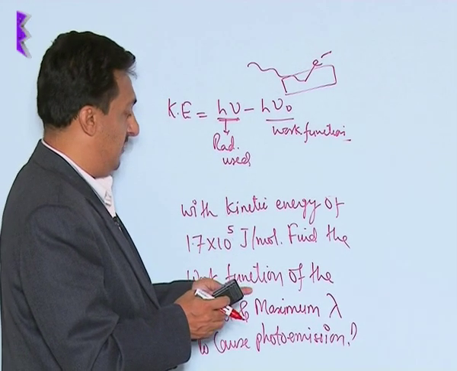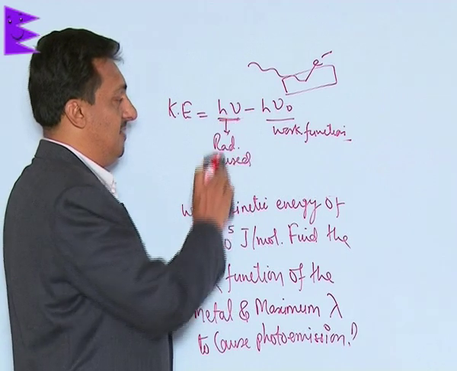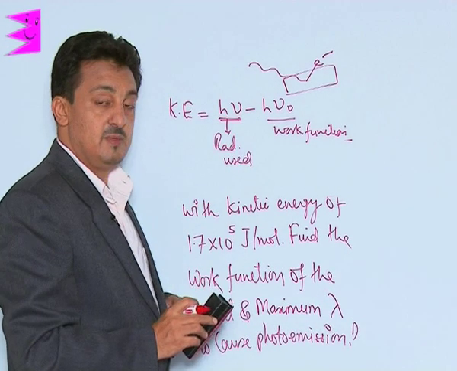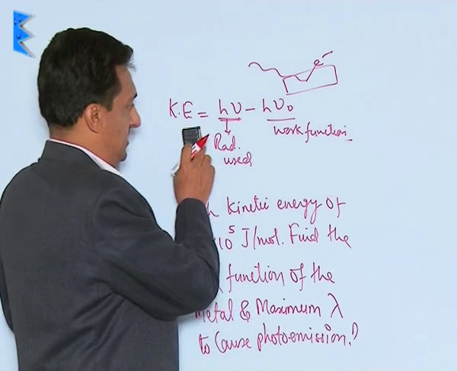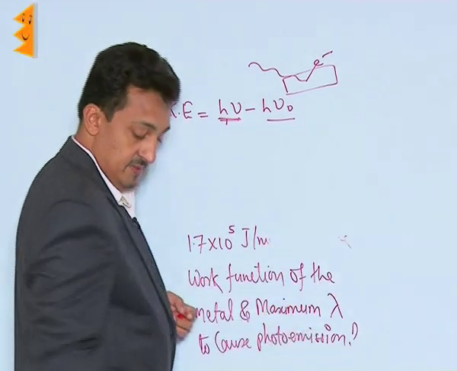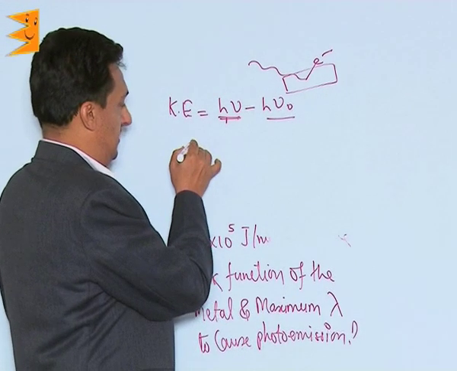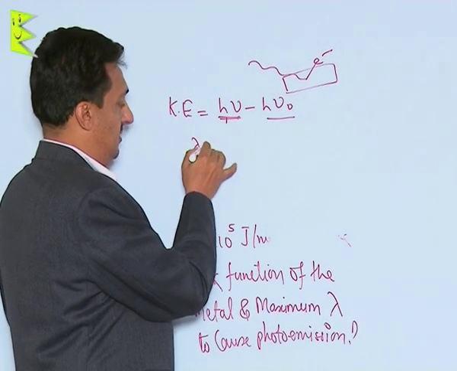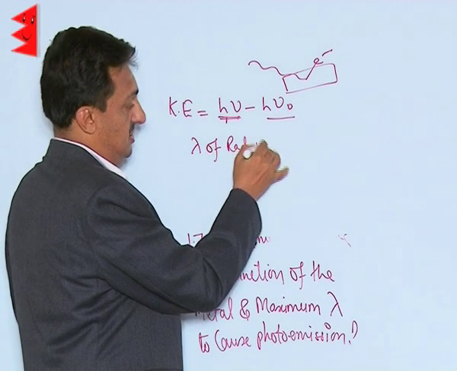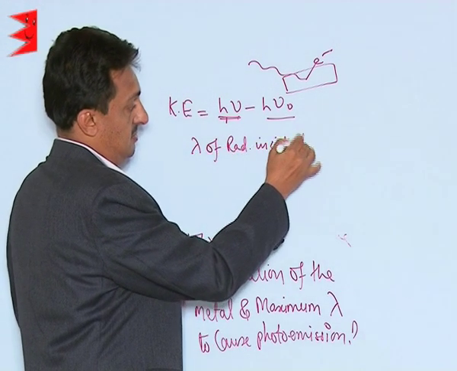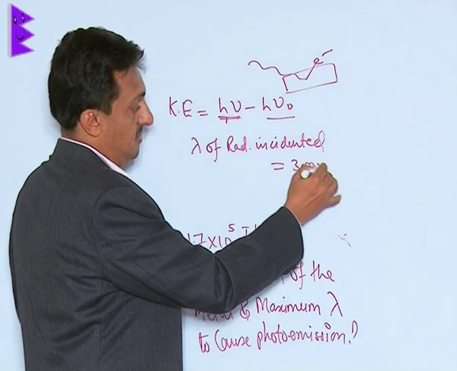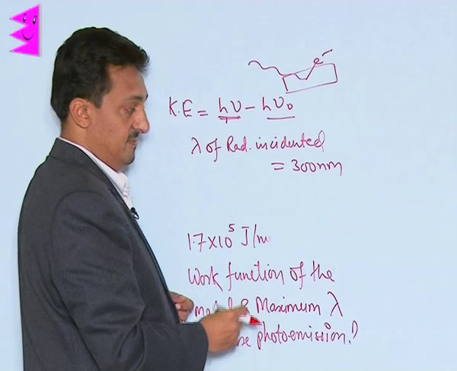We have to find out the work function, and the radiation incident has a wavelength of 300 nanometer. So using this formula, first we know the wavelength of radiation incident is 300 nanometers.